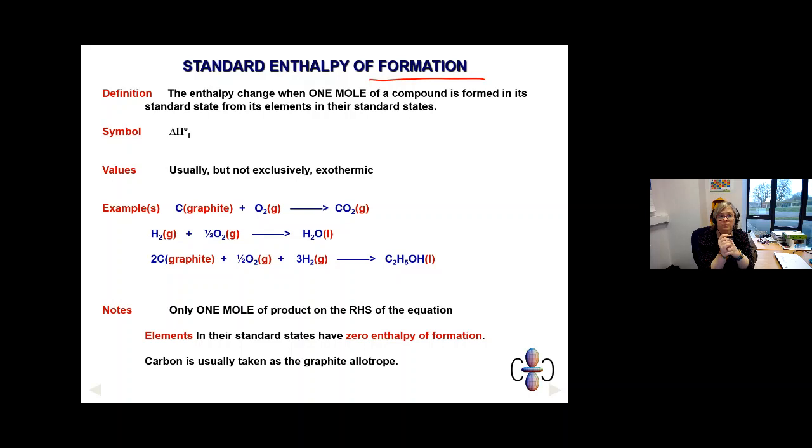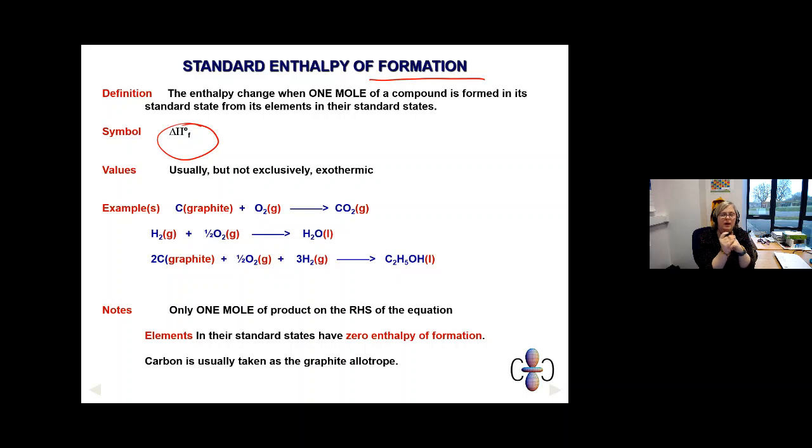And that's crucial, because often enthalpy of formation takes into consideration gases like oxygen. So as long as the elements that you're creating it from are in their standard states, then the symbol and the enthalpy we're dealing with is this one here. So delta HF, the enthalpy of formation.